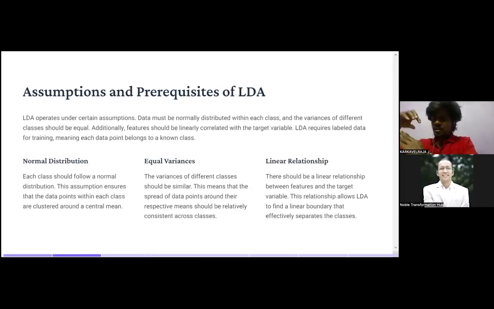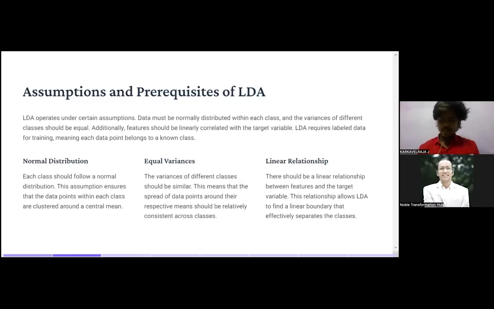The data points within one class should have less distance between them compared to the distance to the data points in the other class. And it should also follow a linear relationship. These are the assumptions. Hope you can understand.